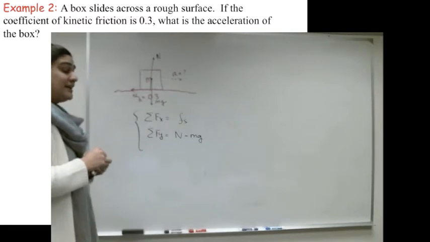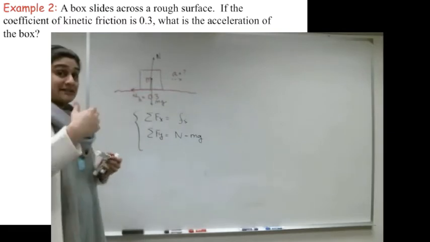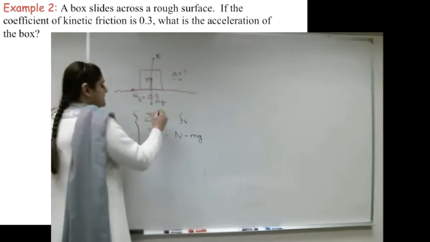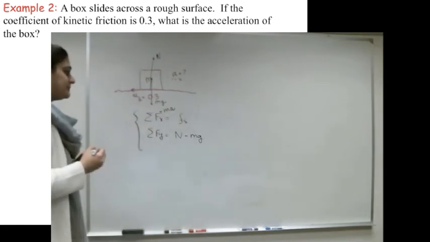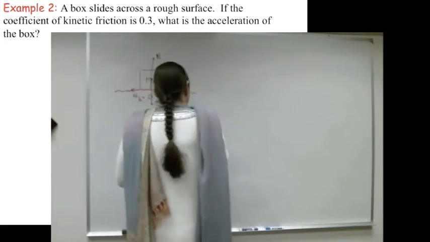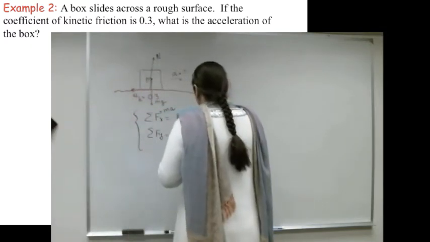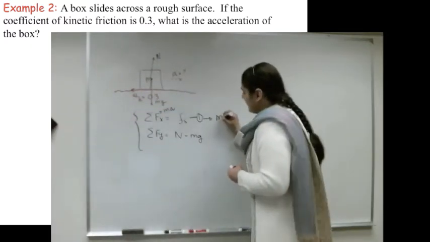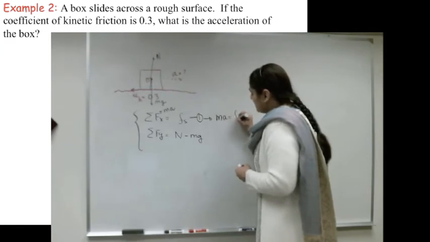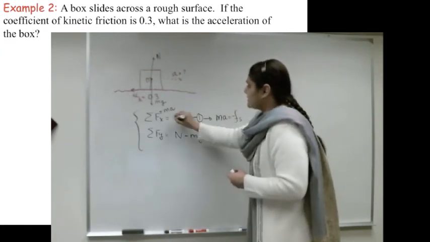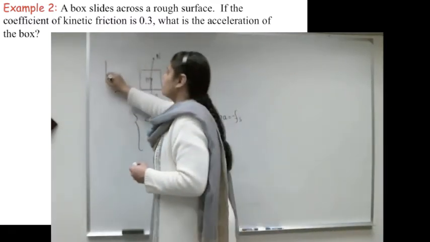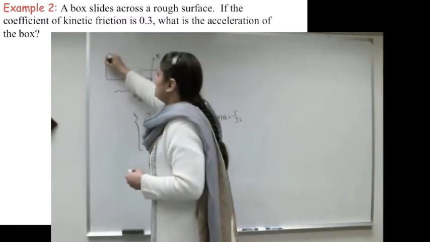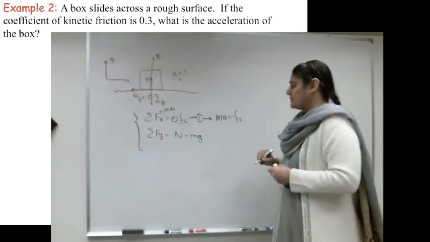And I know that this object is accelerating. That means this is going to be equal to ma, right? So from my equation number 1, I can write ma equals friction, with a minus sign because it's moving towards the minus direction. And I've chosen my coordinates x and y, just normal ones.